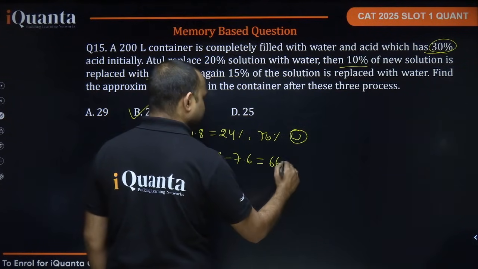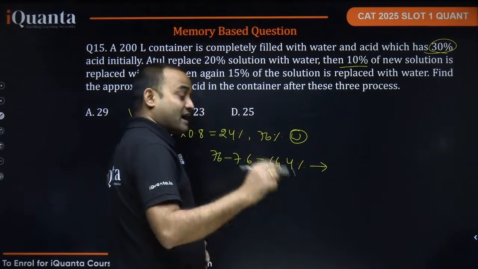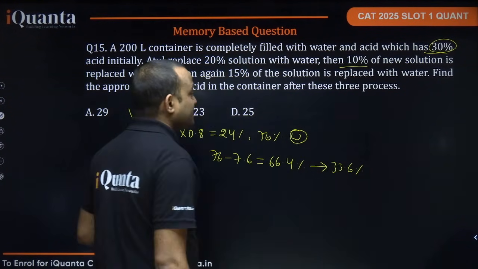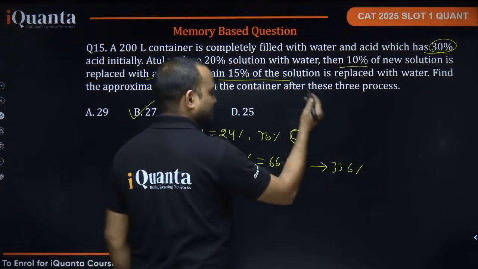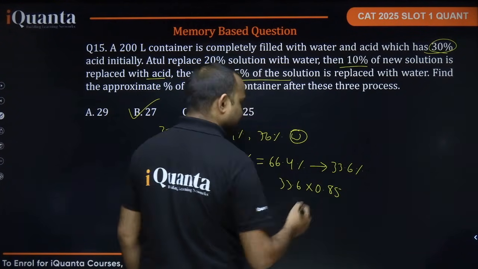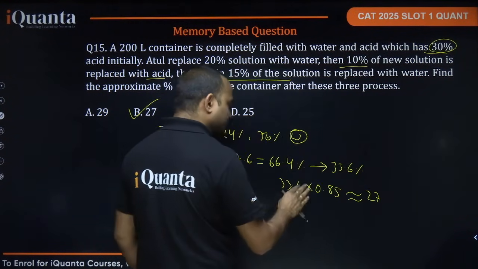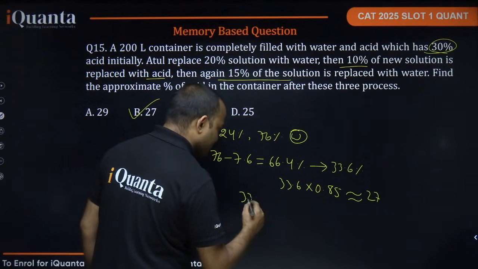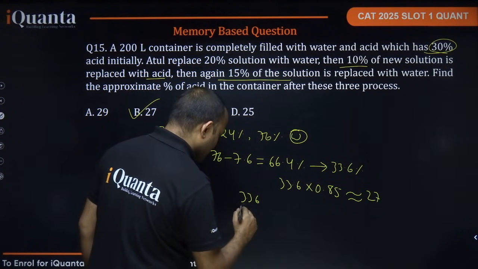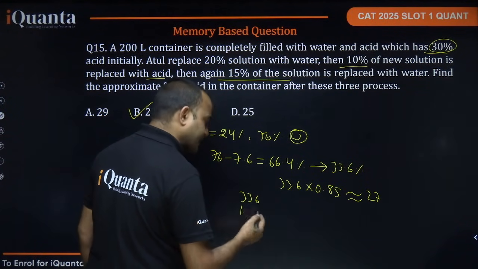So 66.4%. Now if this is 66.4%, the acid will be 33.6%. Now again 15% is removed. So 33.6 into 85% is left. Now multiply these two. This value is very close to 27. 10% is 3.36, 5% is half of this, which is 1.68.